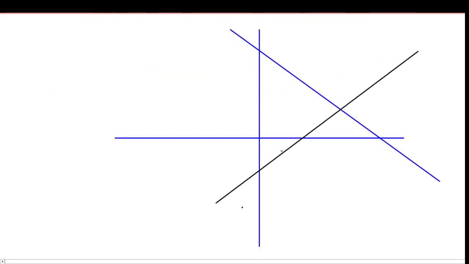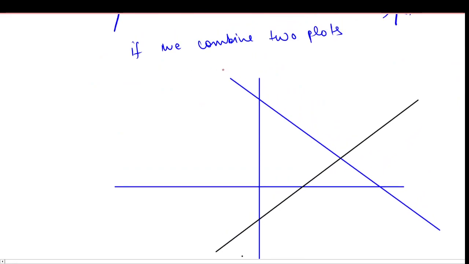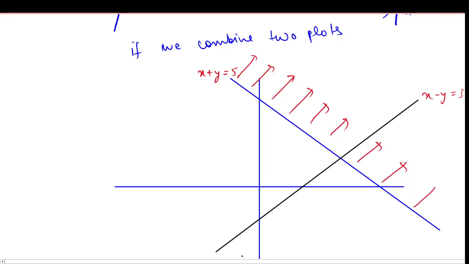So we have plotted the two graphs. So this is graph 1, which is x plus y equal to 5, and this is x minus y equal to 3. In the first equation this region is the solution set, and in the second equation this region is the solution set.